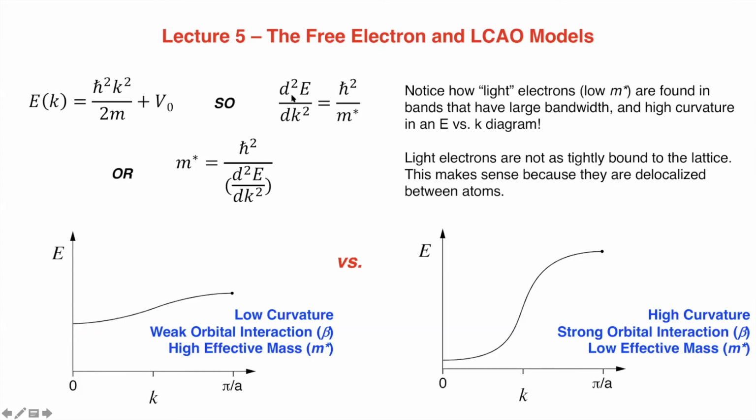Okay, so the second derivative of an E versus k diagram is really the curvature of that diagram, right? It's related to 1 over the mass, or in other words, these two are inversely related. The effective mass is inversely related to the curvature of an E versus k diagram. So just to help make that clear, here are two different E versus k diagrams.